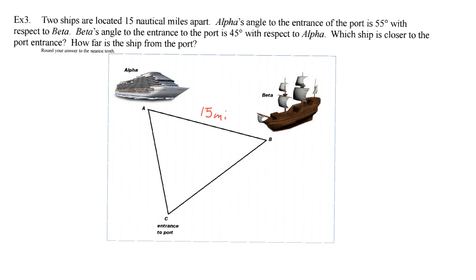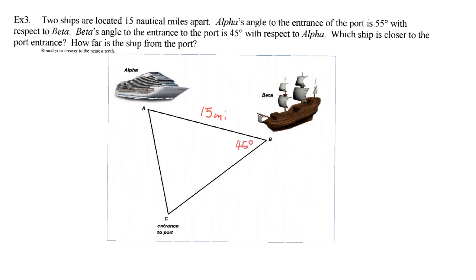For alpha, beta's angle to the entrance of the port is 45 with respect to beta. Okay, so here is beta, here is C. So that means the angle between them is 45 degrees.